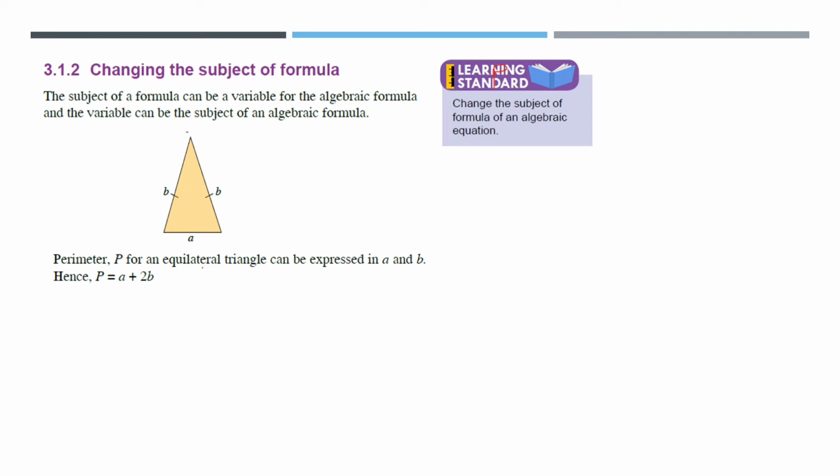Perimeter P for an equilateral triangle can be expressed in A and B. Hence, P equals A plus 2B.